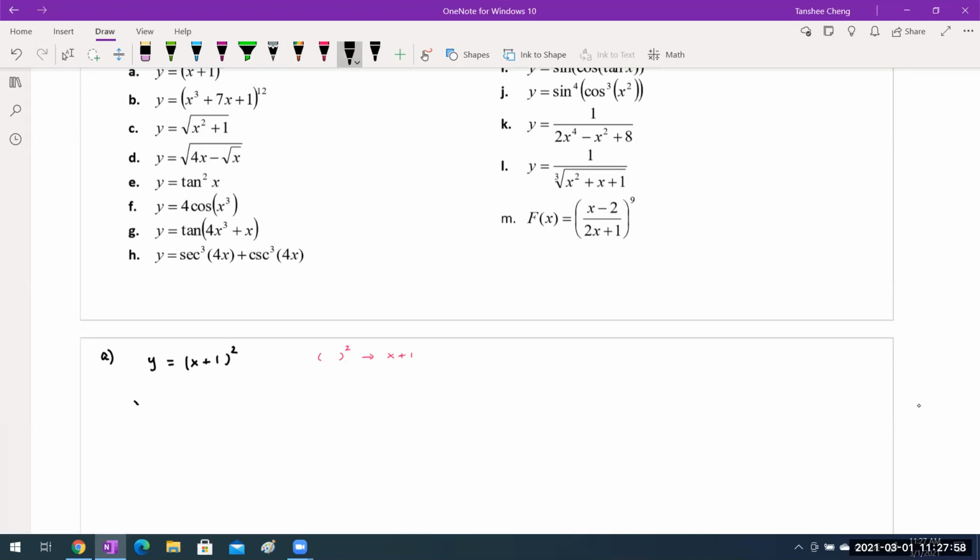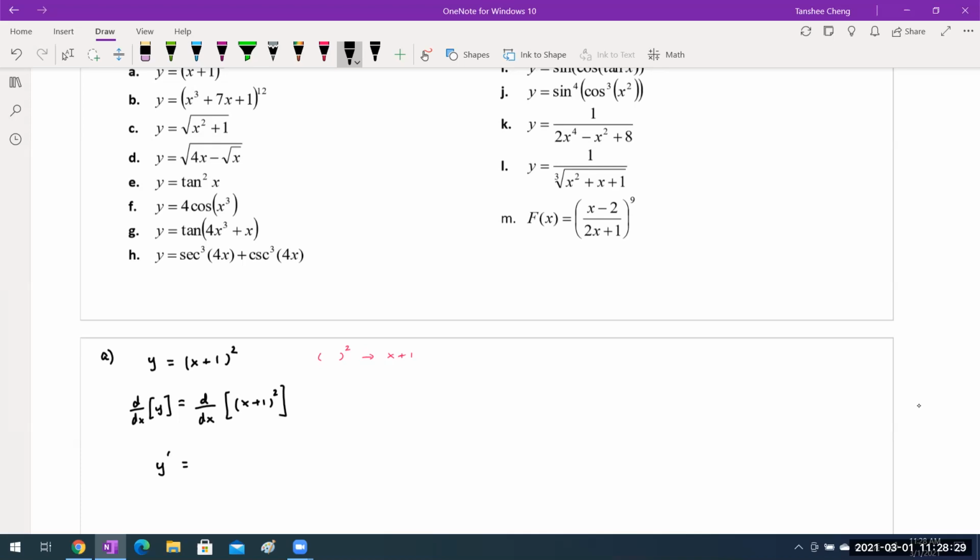So when I take derivatives with respect to x of the function, right, we will be taking the derivative of the outer function, x plus 1 squared. So this will give us y prime equal to, taking the derivative of the power function.